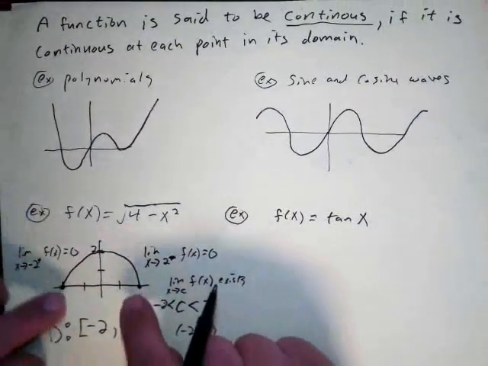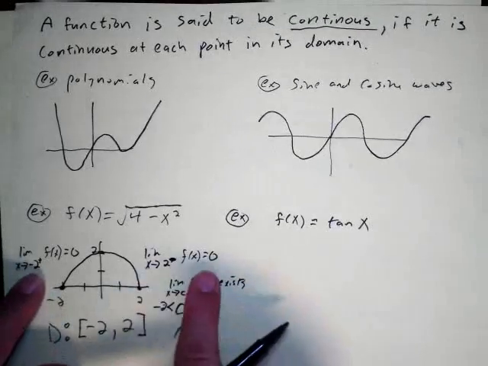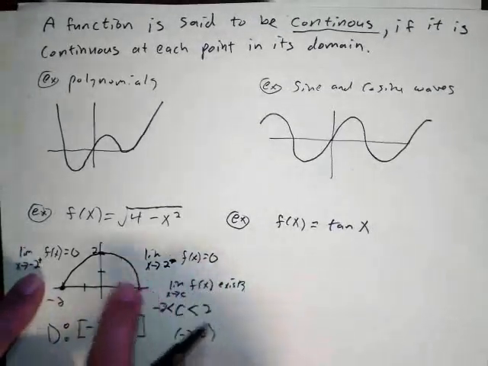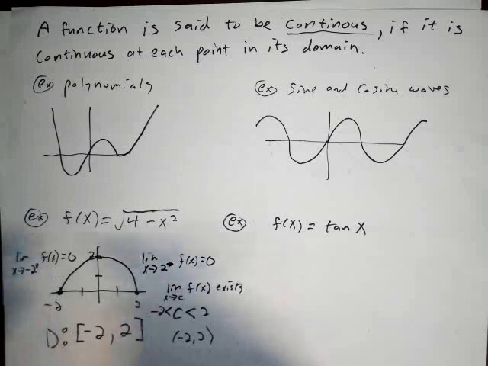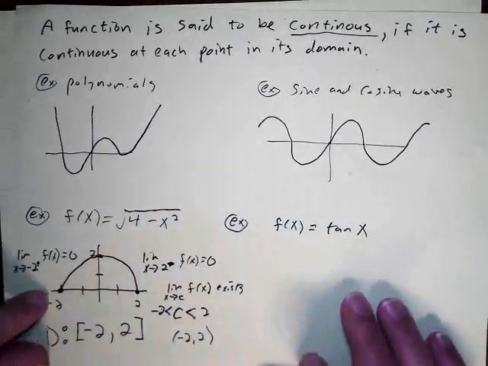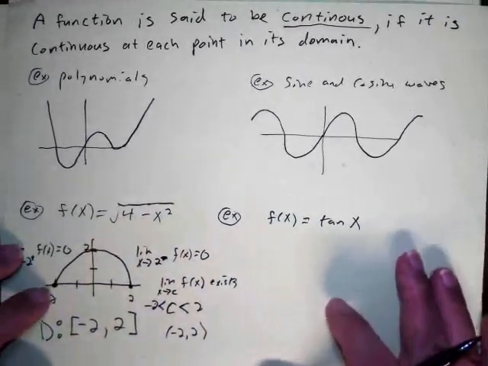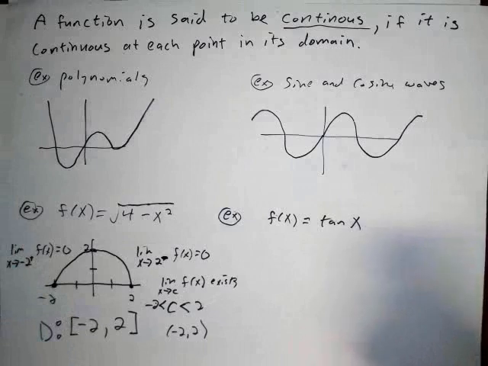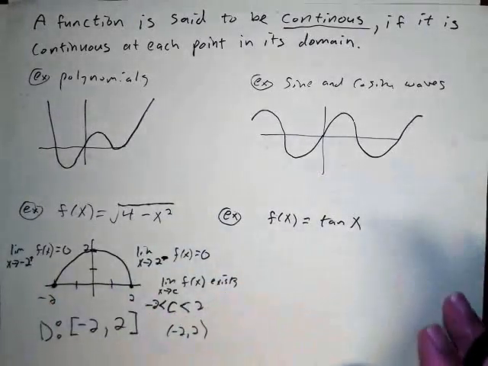And then at the two endpoints, it does have the one-sided limit coming from the domain on either side. If that's the case, then we would say that this function is continuous, as long as it has these one-sided limits there.